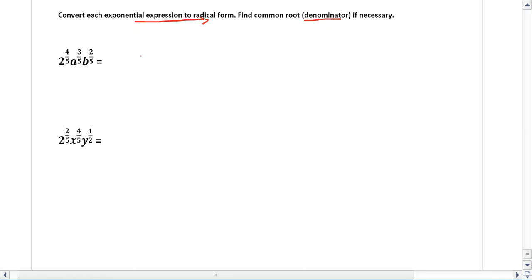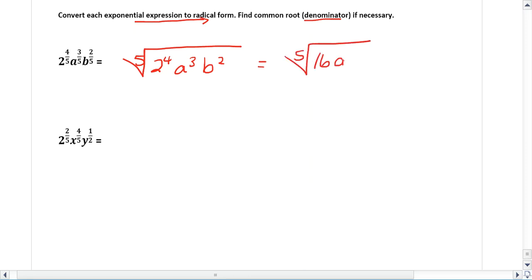This is going to be, in radical form, the 5th root of 2 to the 4th, a to the 3rd, b squared. So the only simplifying here is to do this 2 to the 4th, which is 16. So my answer is written as the 5th root of 16, a to the 3rd, b squared.